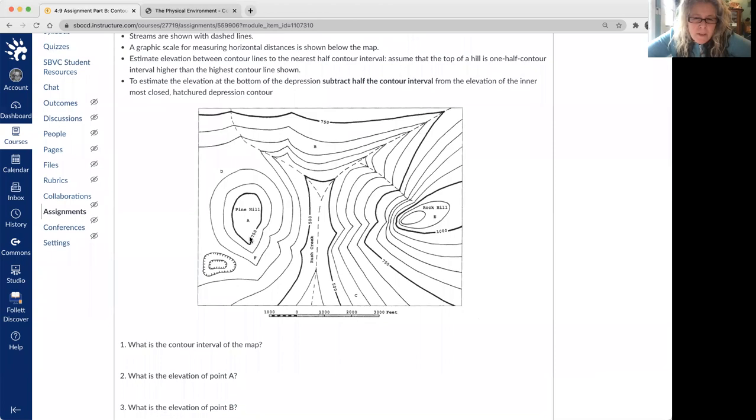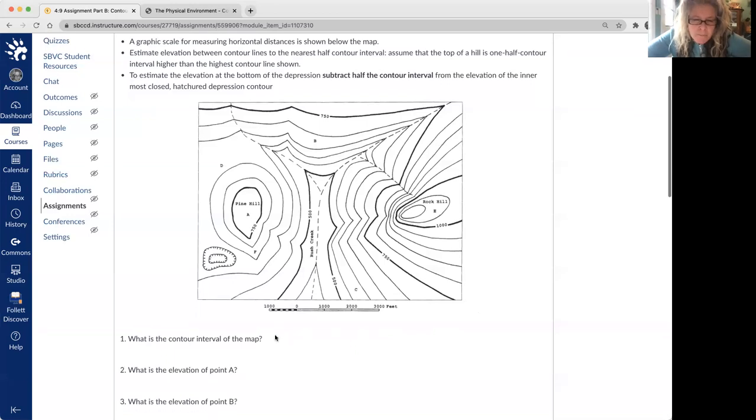So 750, and we're going to assume that it is 1/2. So if it were a full 50, it would be 800, but we're figuring half. So in between 800 and 750 would be 775. 775 is your answer for point A.